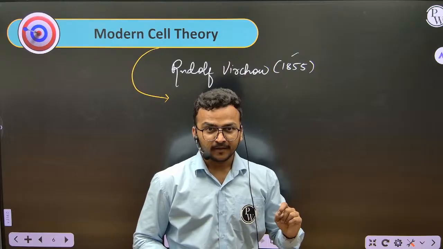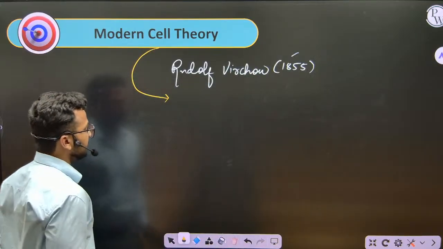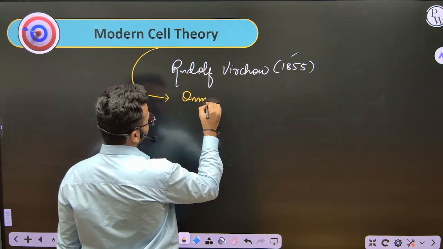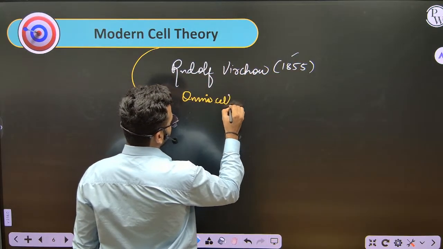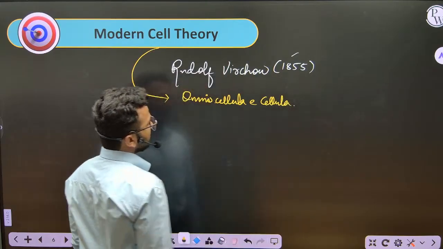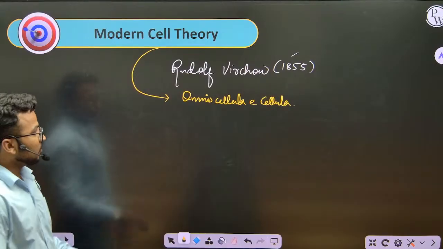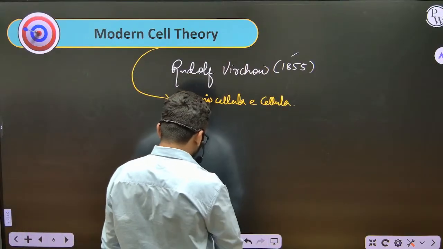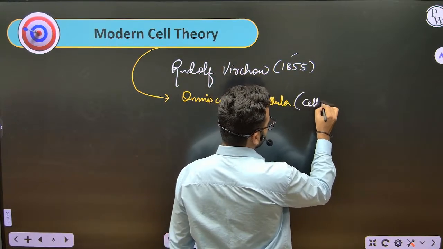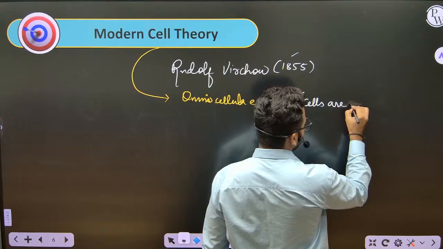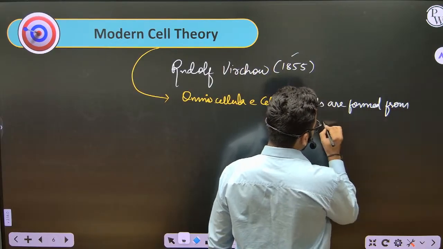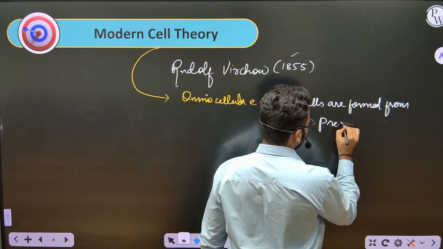That was given by Rudolf Virchow with the statement known as omnis cellula e cellula, which means the cells are formed from pre-existing cells.